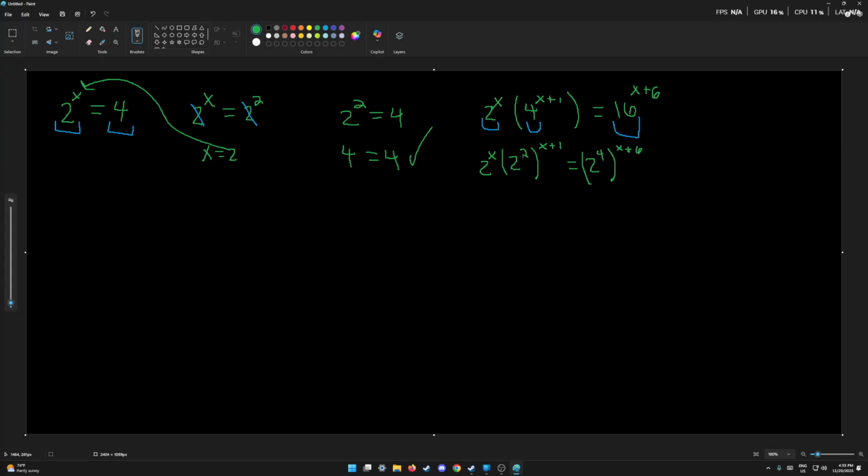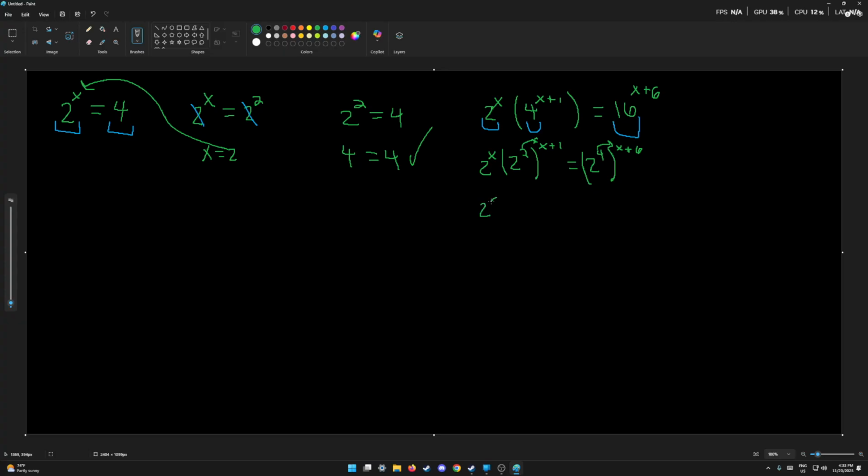Okay, so now what we need to do is distribute this 2 across and this 4 across, so that we're going to use our exponential properties, where if you raise a power to another power, it's going to be multiplication. So we're going to distribute that.